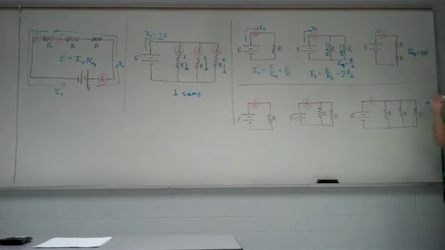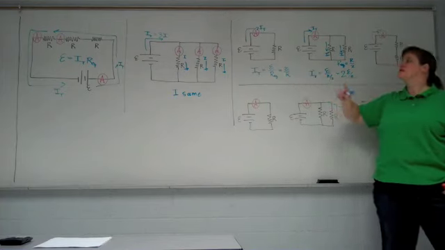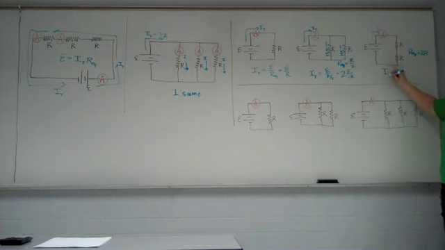For them in series, the equivalent resistance is 2R. The equivalent resistance is bigger. If the equivalent resistance doubles, what happens to the current? Halves. Gets cut in half.